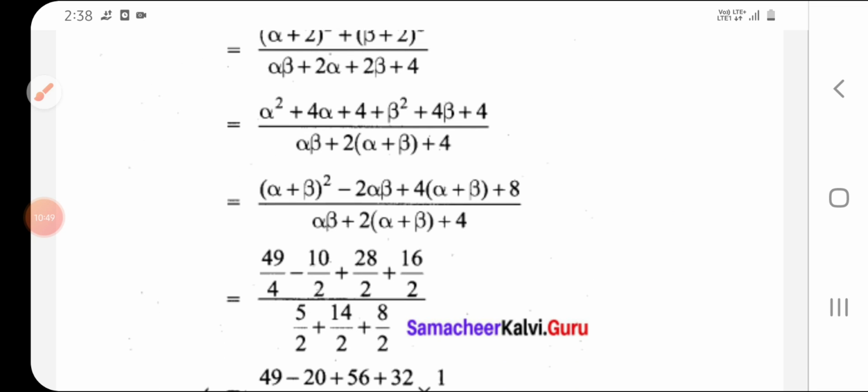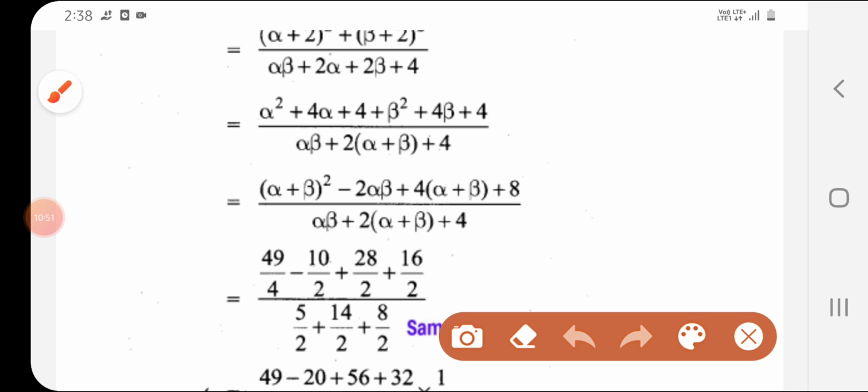Now we have to simplify this value by grouping. Here we have 4 alpha, 4 beta. When we take 4 commonly out, we get 4 into (alpha plus beta), then alpha square plus beta square.